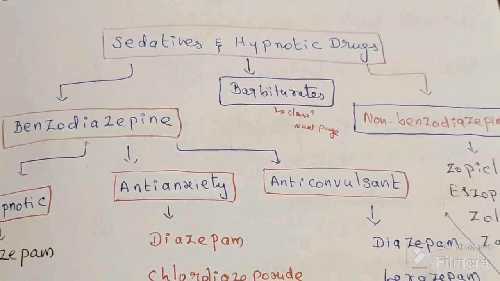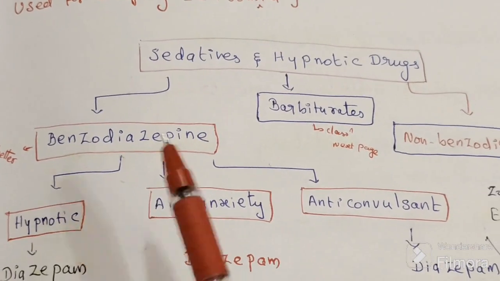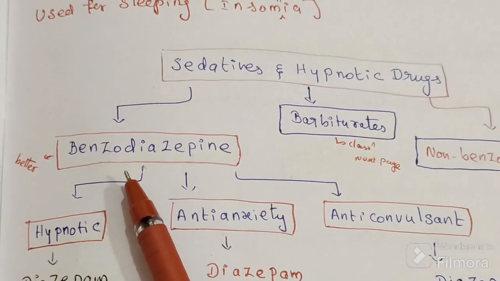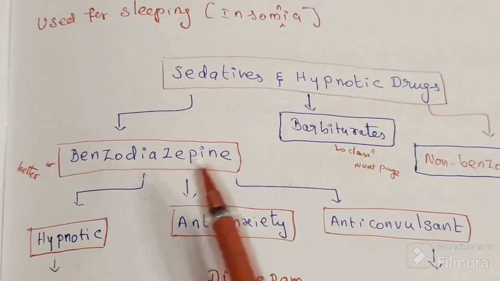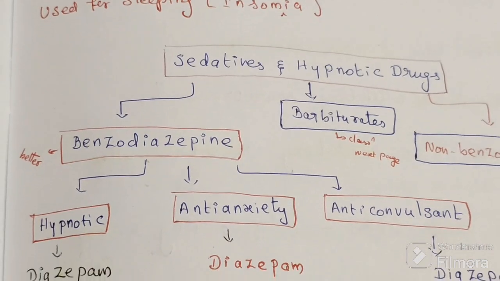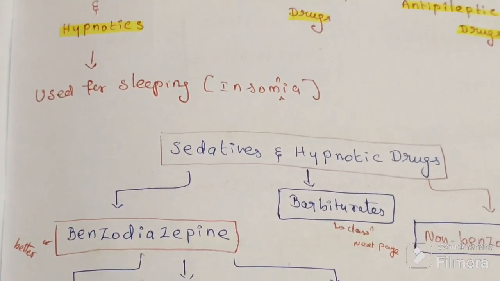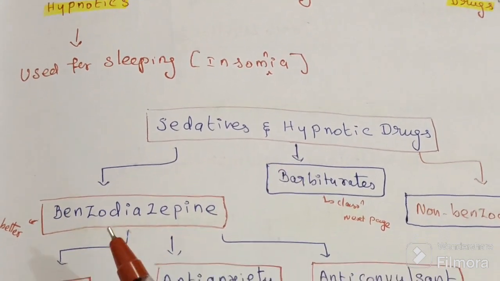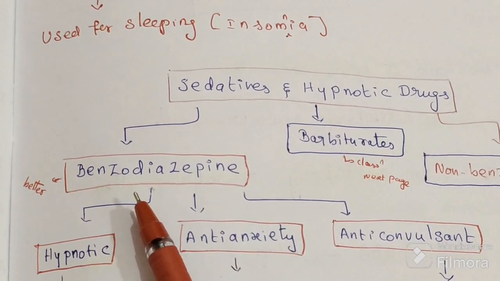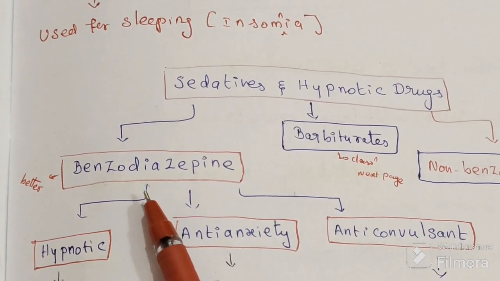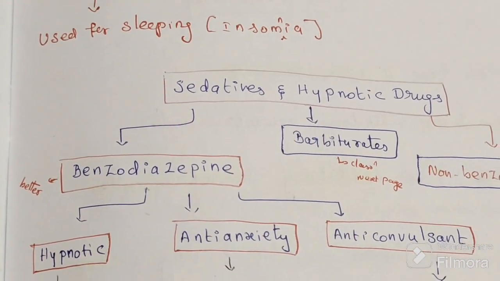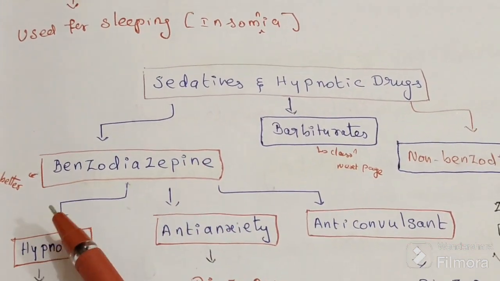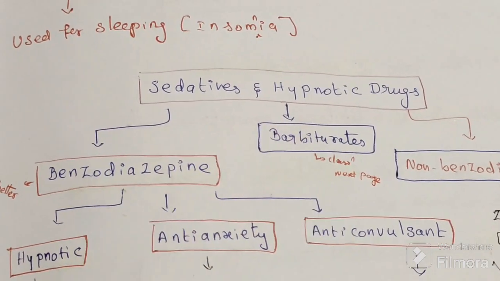So we will discuss two main categories, barbiturates and benzodiazepines. Benzodiazepines are better as compared to barbiturates.